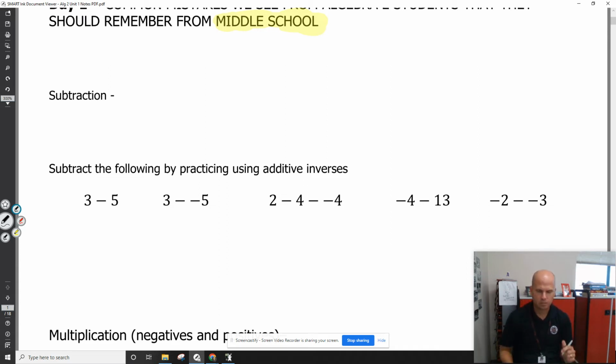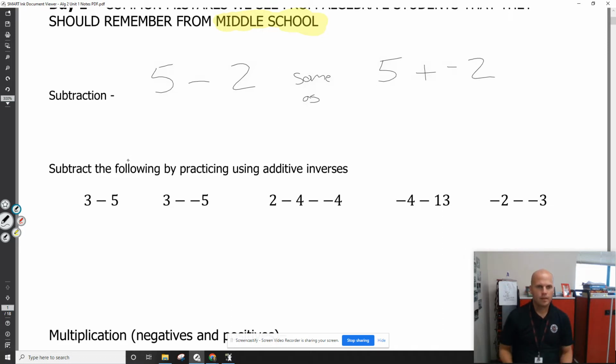For example, subtraction. What I like to tell all of my students, regardless if they're in Algebra 1, middle school, or calculus, is that if you are to subtract, it is the same as if you add the opposite.